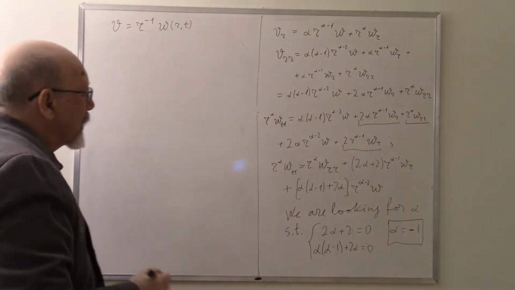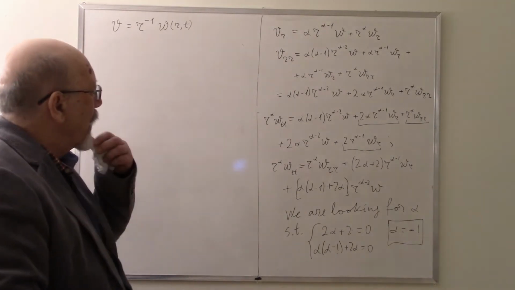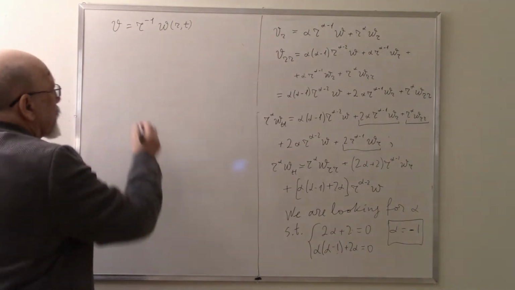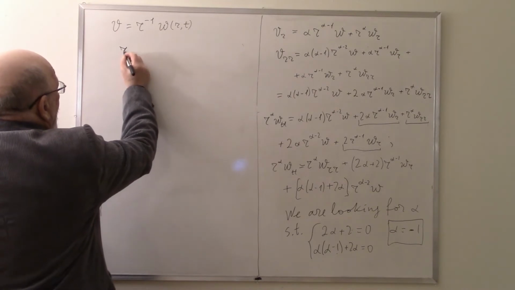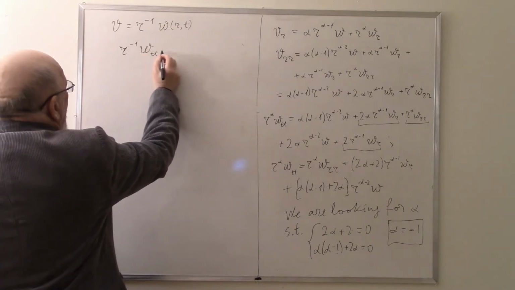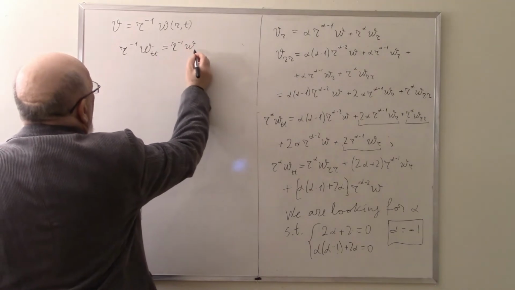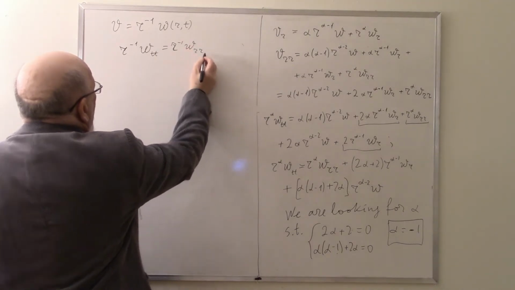And then W satisfies the equation R minus 1 W TT equals R minus 1 W RR.